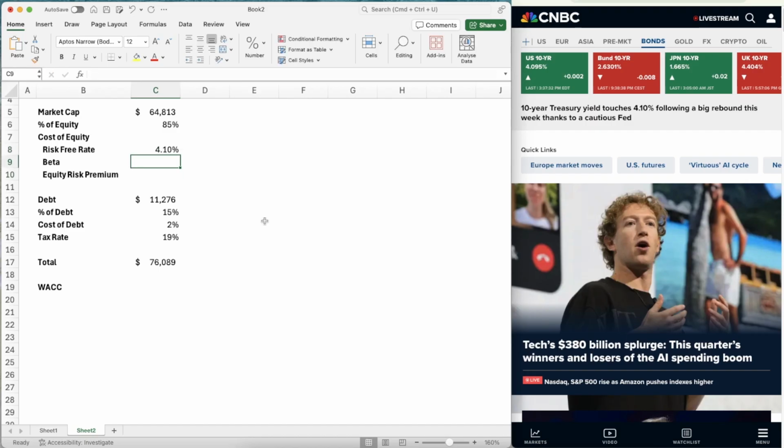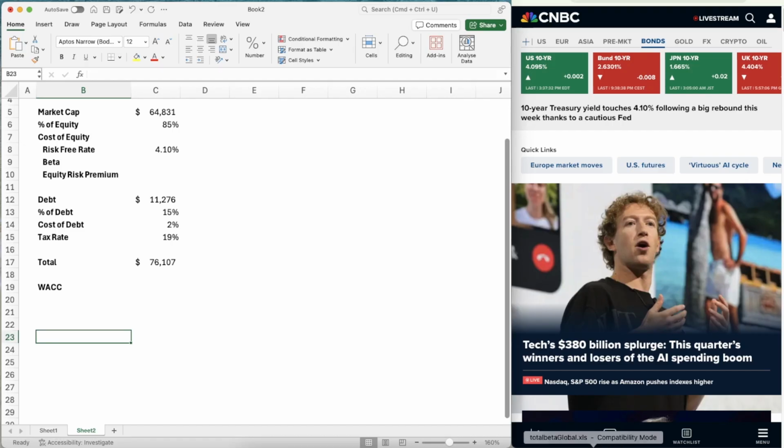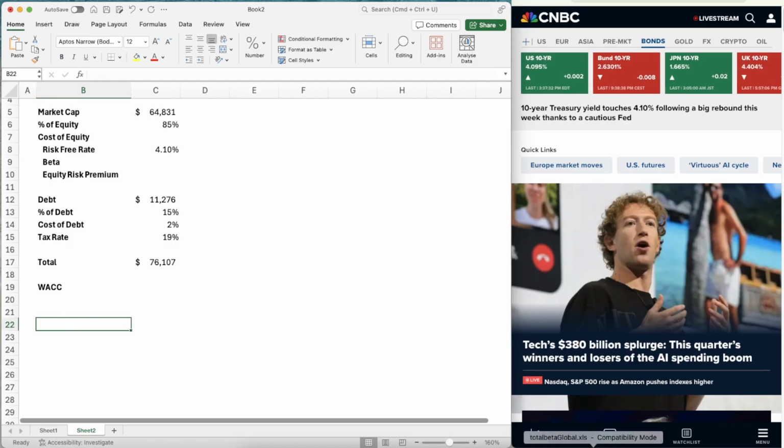And the beta is, we're going to say, okay, so to do this, we need, actually, we don't really need to go into that much, because I think there's really only one operating segment for PayPal.